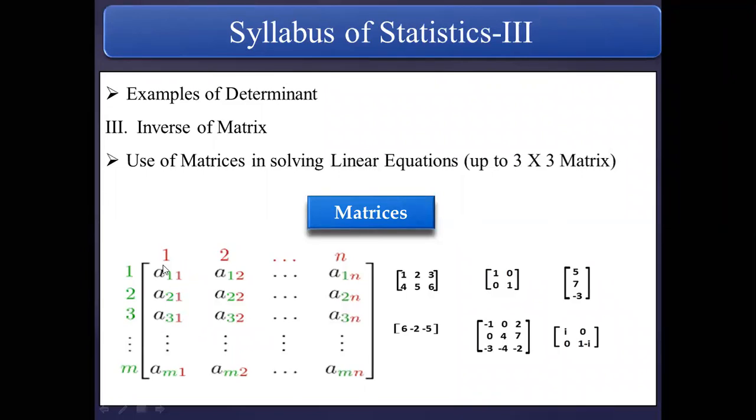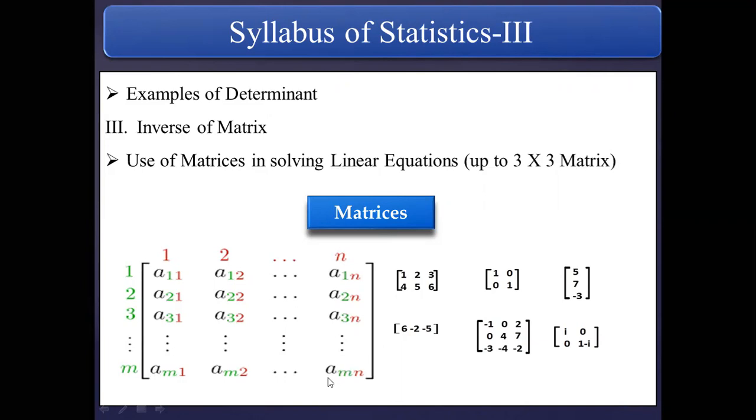A11 is the element of the first row and first column. A12 is the element of row 1, column 2, and this is the element of row 1 and column n. Like that, this is the element of the second row first column, second row second column, second row n column. And last, you can see the element of the m-th row and n-th column.